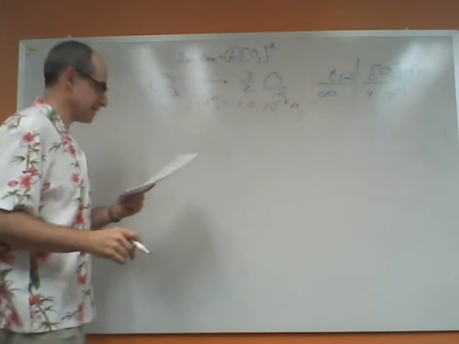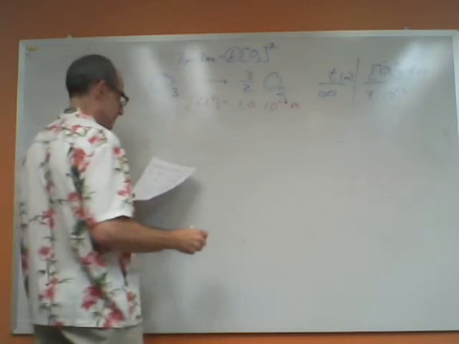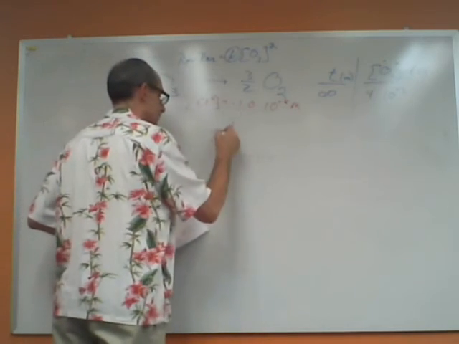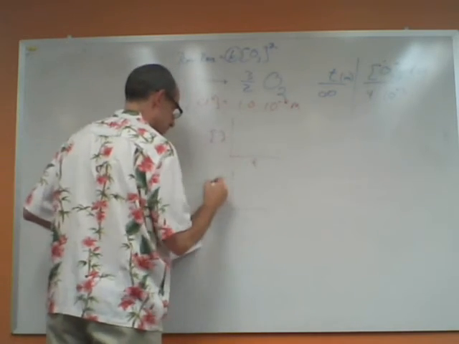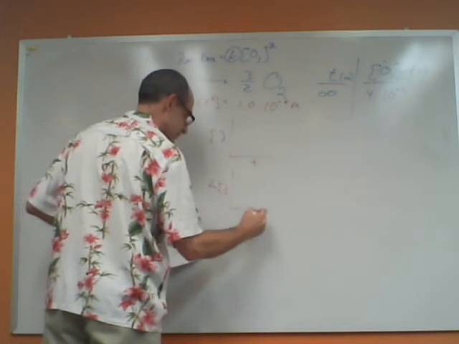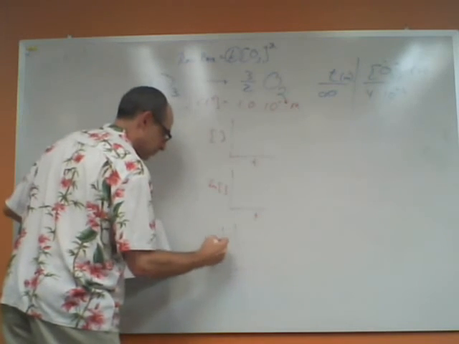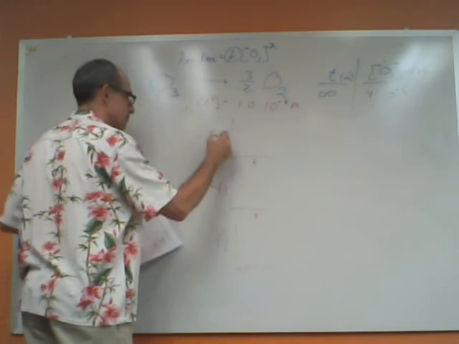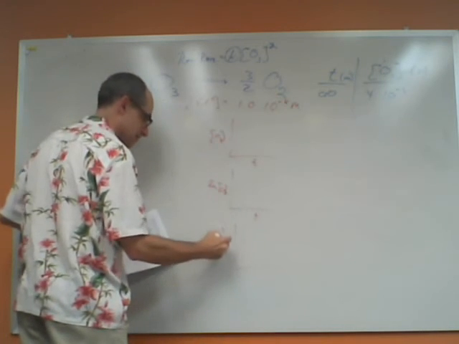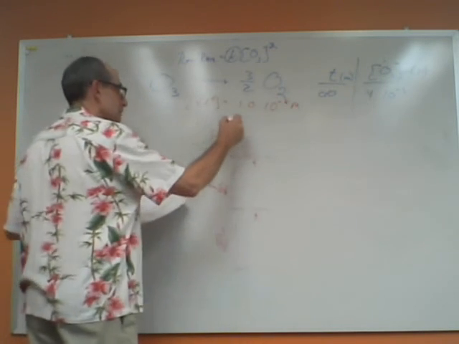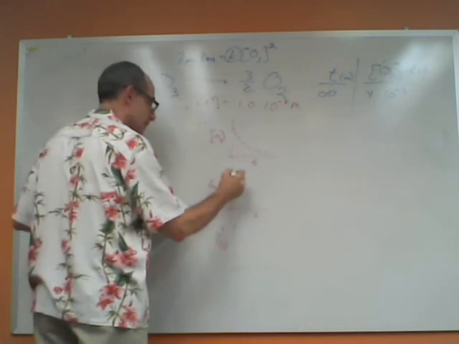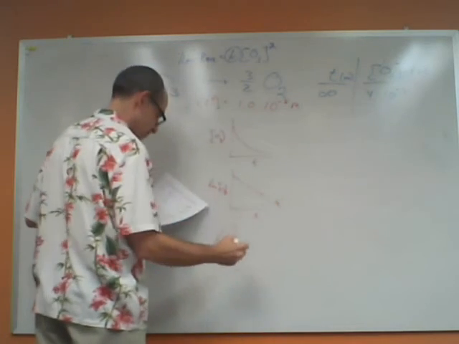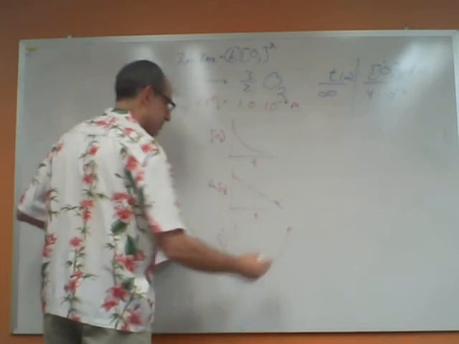We now see the graphs of concentration versus time, ln of concentration versus time, and 1 over the concentration versus time, and these are always the concentrations of ozone, look like this, and like this.